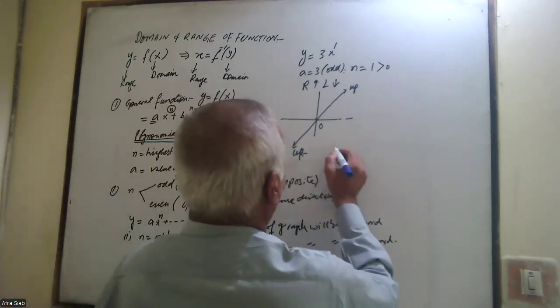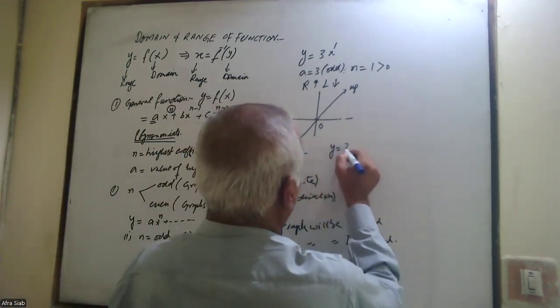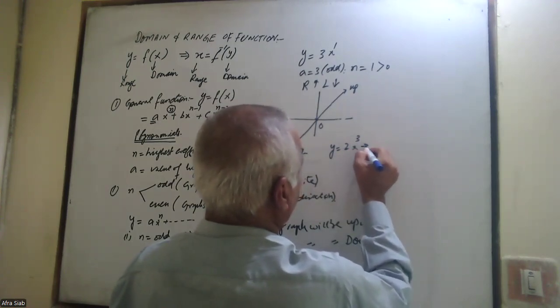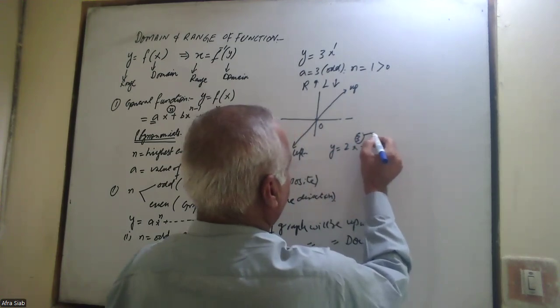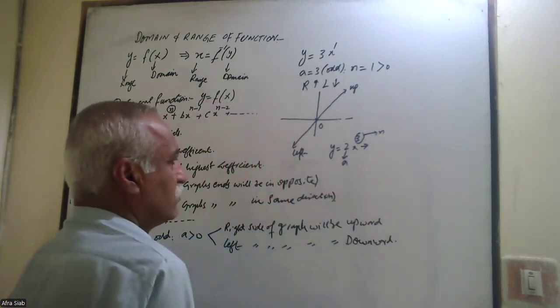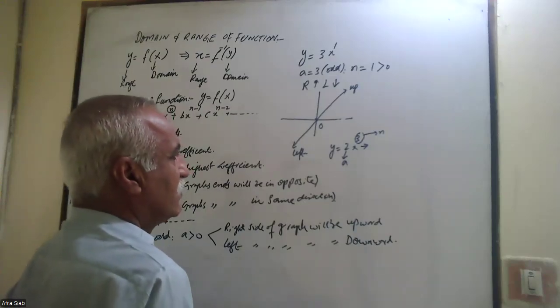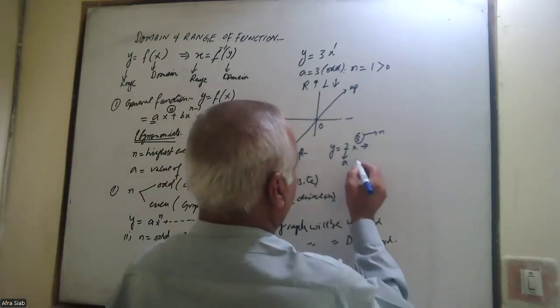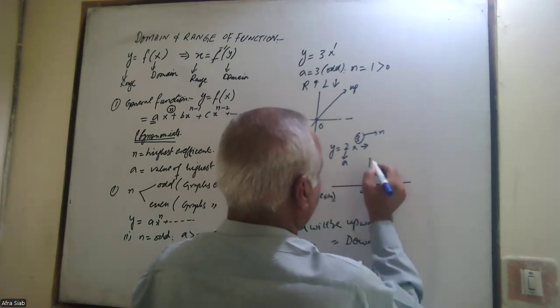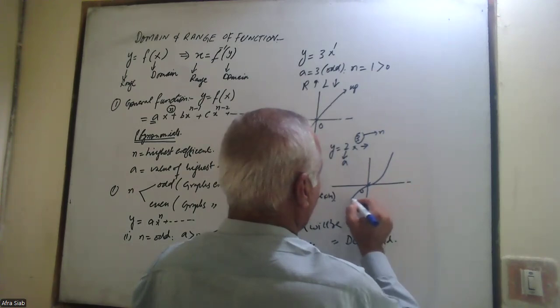Similarly, if we are going to draw the graph of y is equal to 2x cubed, in this case, n is 3 and a is the coefficient, which is positive. So this means the graph's ends will be in opposite directions. And for this case, this is the origin, it is passing through this point.